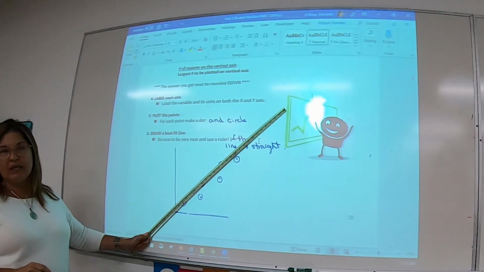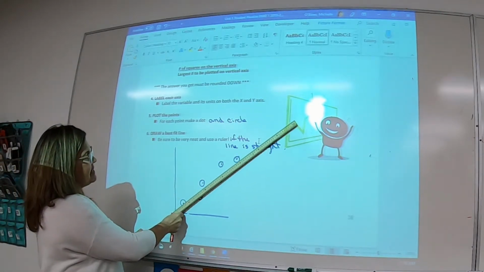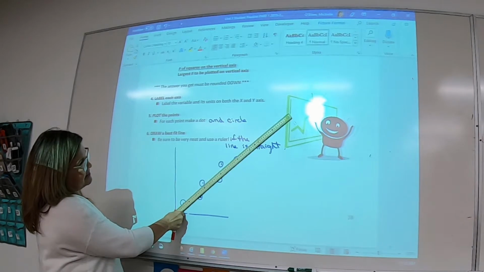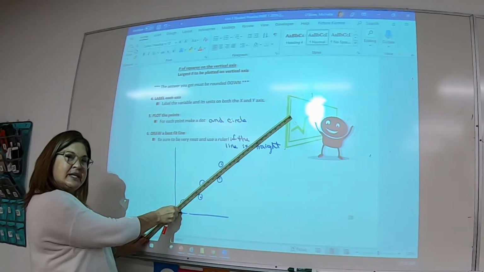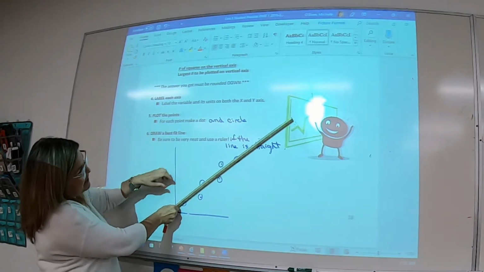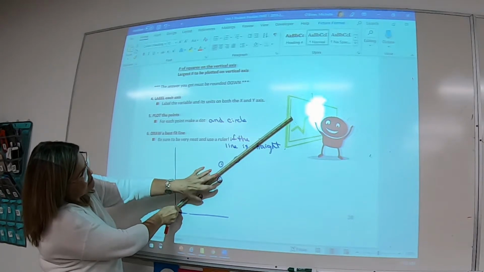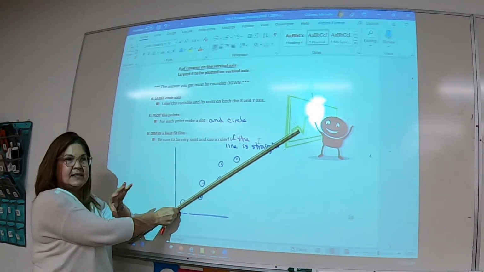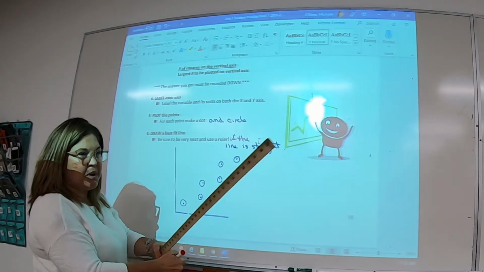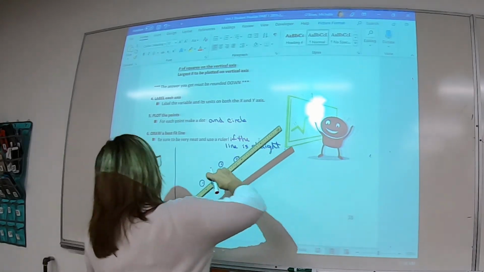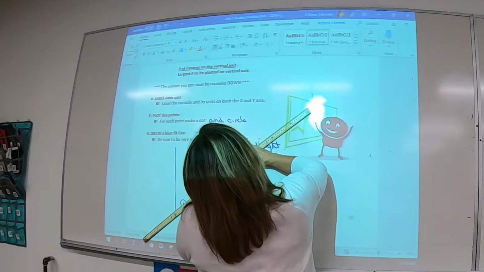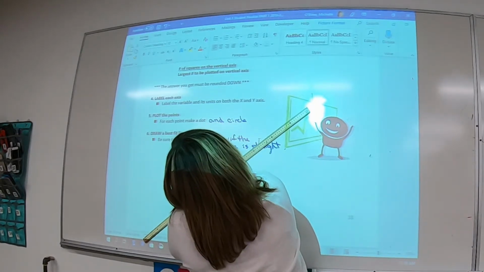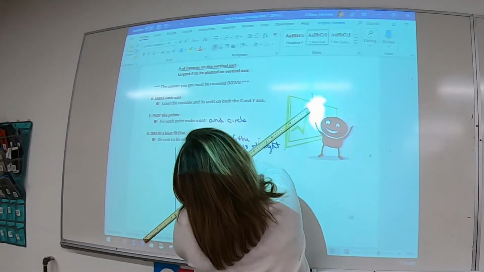So that's no good. So I have to make it maybe like this. Yes, I only have 2 points on my line, but I have 2 above, 2 below, and they're approximately the same distance away from that line. So my best fit line in this case would look something like this.